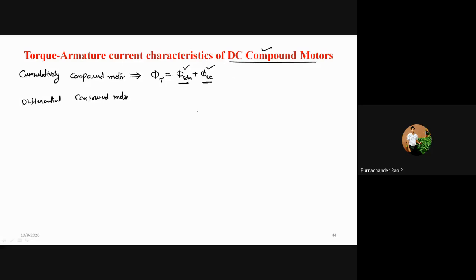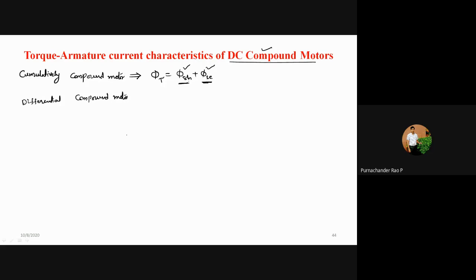But the main advantage of the cumulatively compound motor is that it can be run under no load conditions, which is not possible with a series motor. This is the main disadvantage of a series motor. The compound motor can be run under no load because the flux produced by the shunt field winding produces the back EMF, and therefore your speed will be well within the limits.